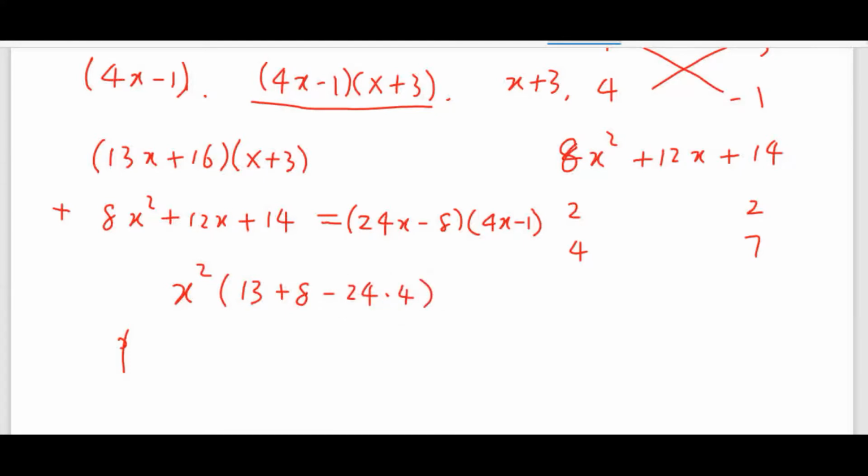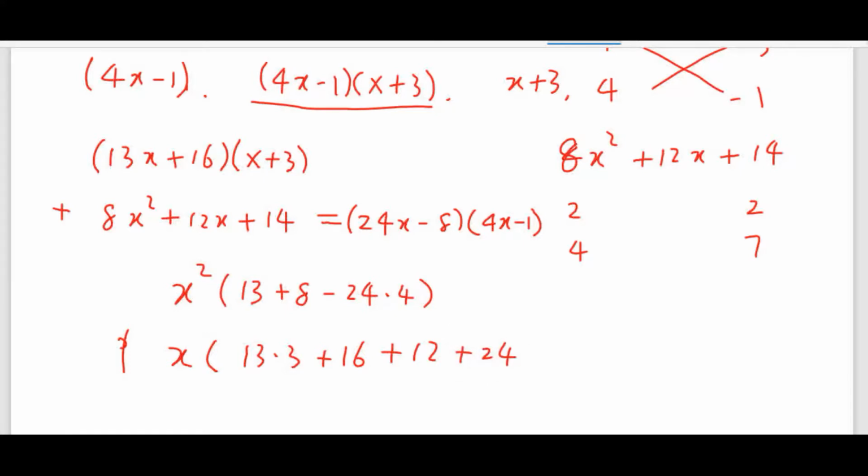Then for the x coefficient, 2 times 3 plus 6 times 1, so plus 12, minus 24 times negative 1, so plus 24.